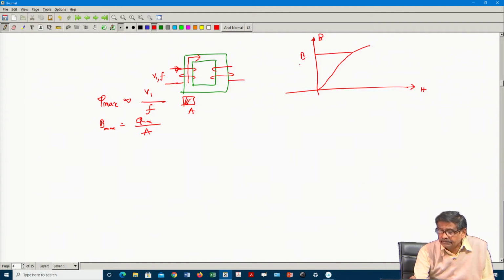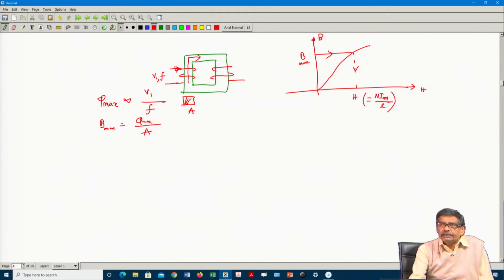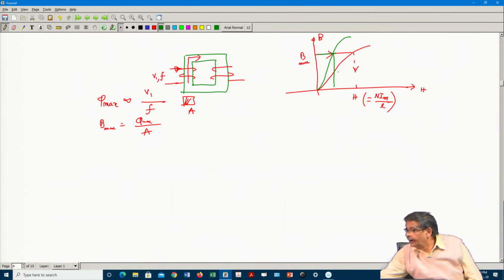So, go to B max, this I explained at length most probably in my lecture class, and from this you find out the value of H, and this will be equal to N into magnetizing current by L. L is the physical length of the flux path, N is the number of turns, etc., and you can calculate the current. Whatever current there is, that is the current to establish the flux. If you use better and better material, the current necessary to establish this flux will be less, this much and this much.